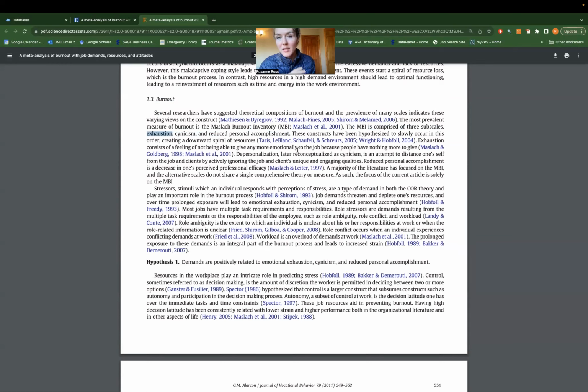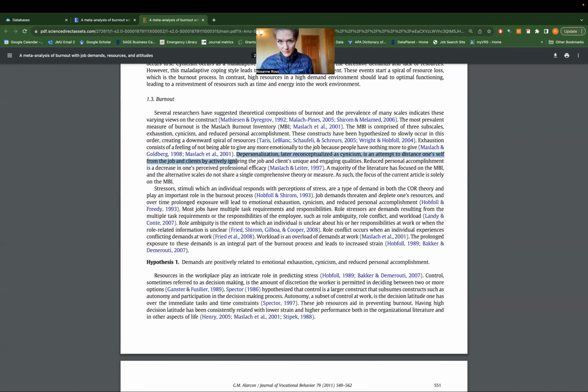In our main construct or variable, in this case, burnout, are there subdimensions that we need to be aware of? And in this case, we have exhaustion, cynicism, and reduced personal accomplishment. Here are some further explanations of what these things are. Exhaustion being a feeling of not being able to give any more emotionally because the job has left people with nothing more to give.